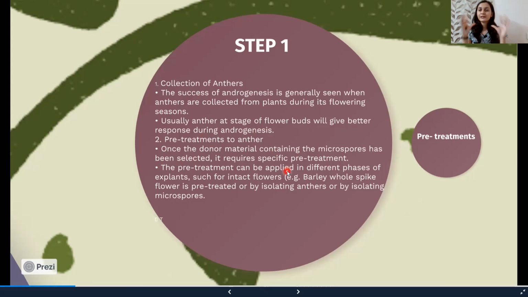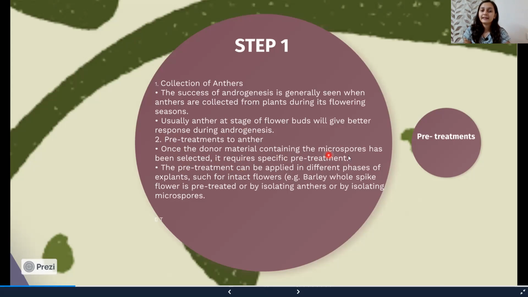If you have studied the anther wall development, then inside the anther there is a chemical called sporopollenin, and it is resistant to stress, mechanical stimulations and chemicals. So for the breaking of that anther wall, we need a pre-treatment.